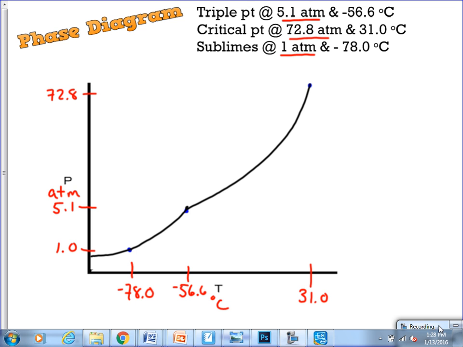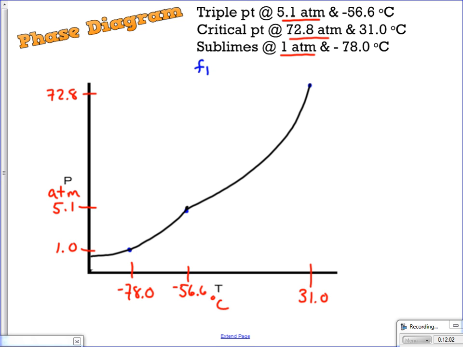The freezing point is at, I'm ad-libbing this, 10 ATMs and negative 36 degrees. So if I do that, let's put it right about here, negative 36, all right? And I'm going to make a value of 10 ATMs, which will go right about here. It's not to scale necessarily.